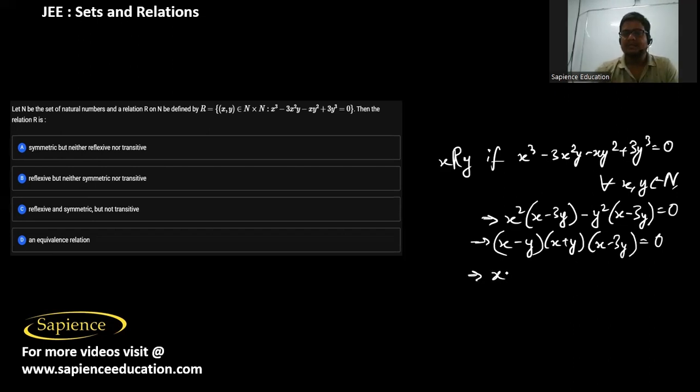So it means that x can be equal to y, or x can be equal to minus y, or x can be equal to 3y.